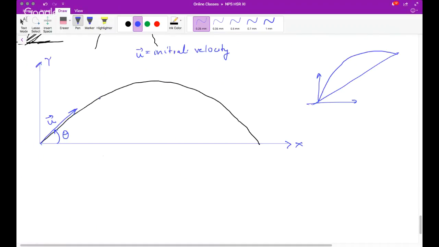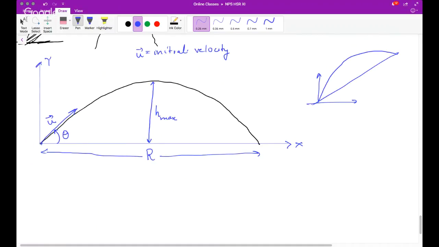So let's say it traces this path, and let's say this is the maximum height attained by the projectile. Let us say this is h max, the highest point. So the highest distance from the ground that it attains is h max. This particular thing is called range R. What is range?